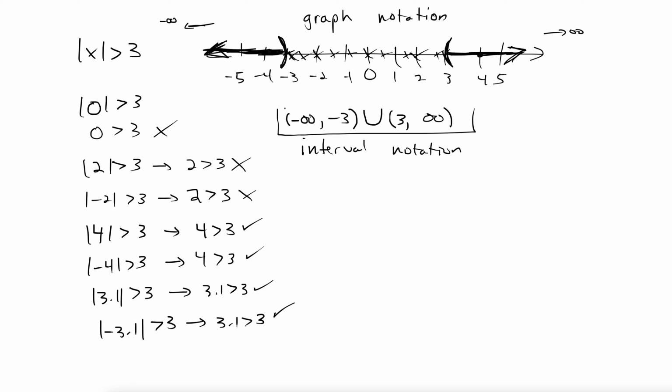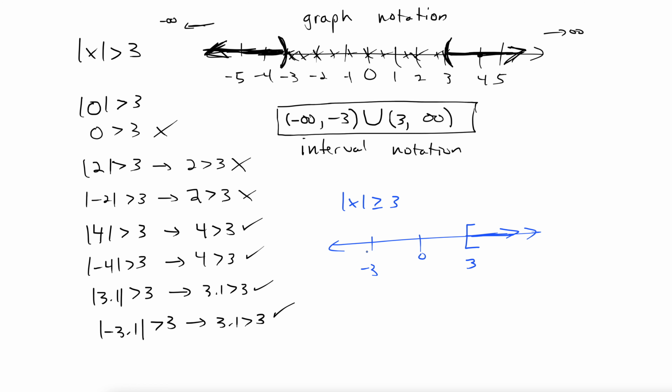These OR cases will always have a similar interval notation if they're over in this direction, if the inequality is over on the left side, more than a number. In the case of this being x greater than or equal to 3, it would be similar, except now we are going to include 3 in there, and we're going to include -3 in there as well.